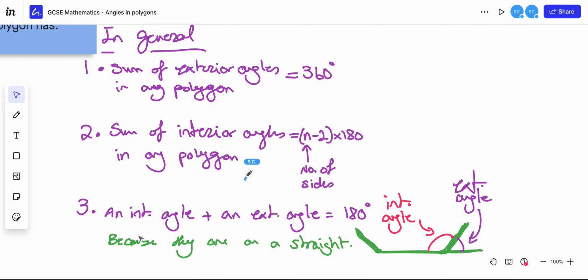Another point to remember is that one exterior angle plus one interior angle always add up to 180 because they are on a straight line. This is when you take the interior angle and the adjacent exterior angle. Don't take a different interior angle and add another exterior angle to it.